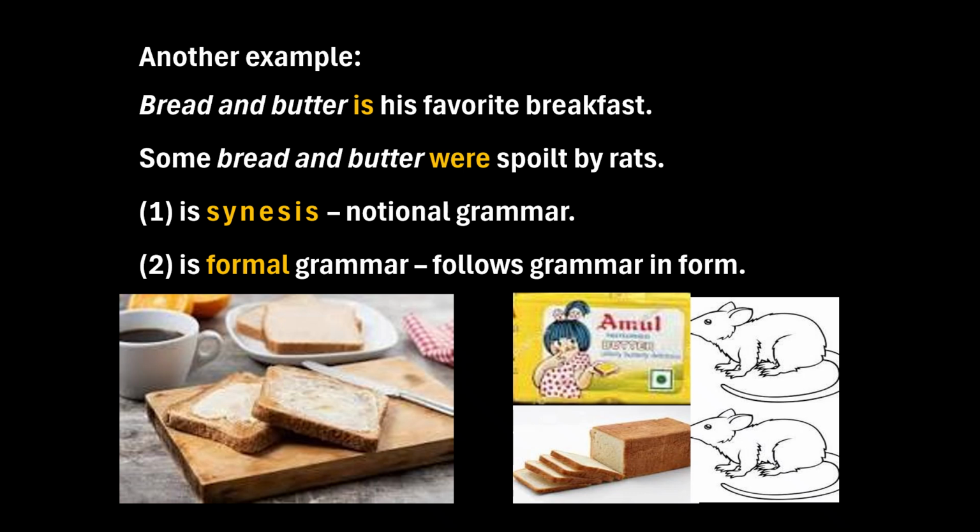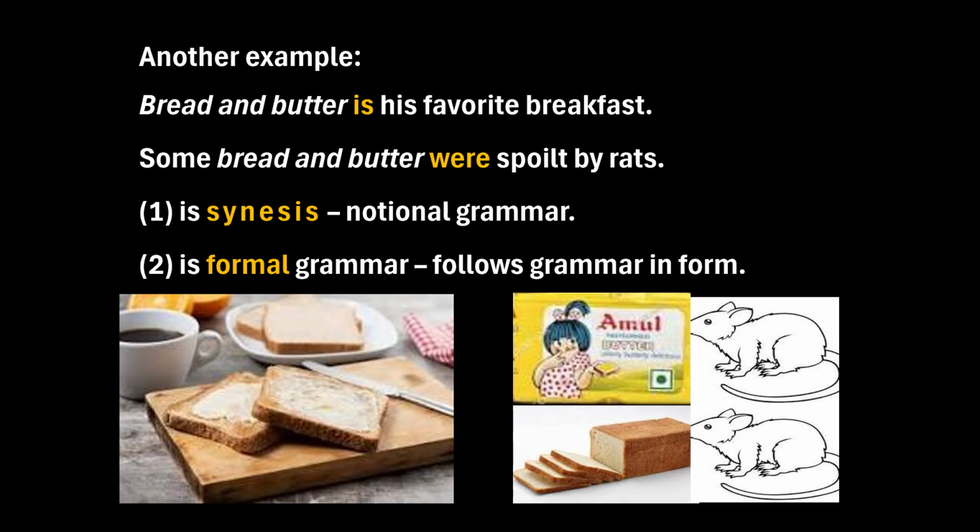One is synesis, notional grammar. Two is formal grammar. Now, see the picture. You will understand the difference. Look at the picture. On the left side, we have bread and butter is the breakfast. And on the right side, you have bread and butter are being spoiled by rice.